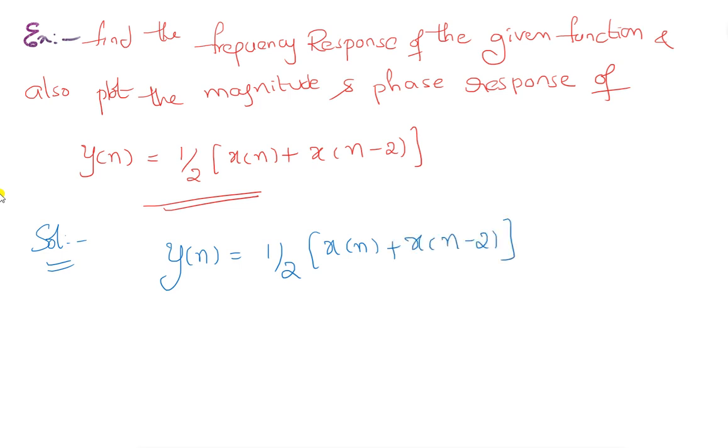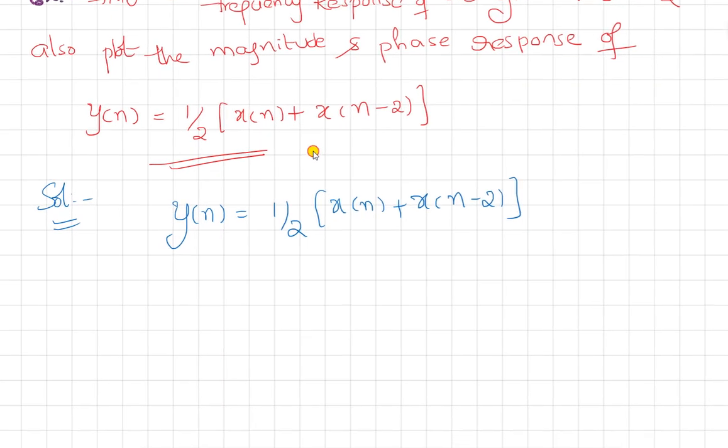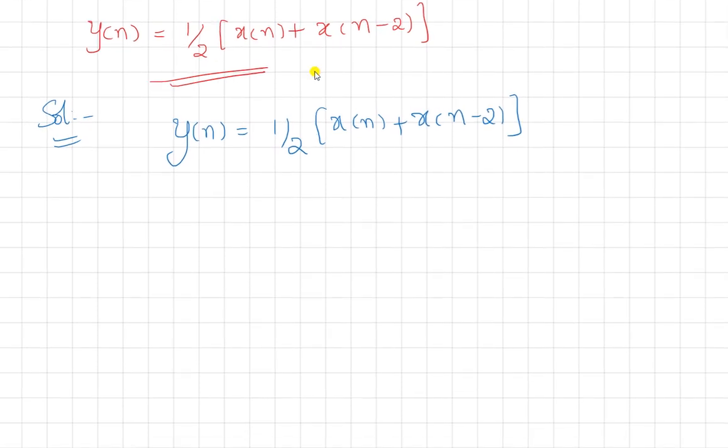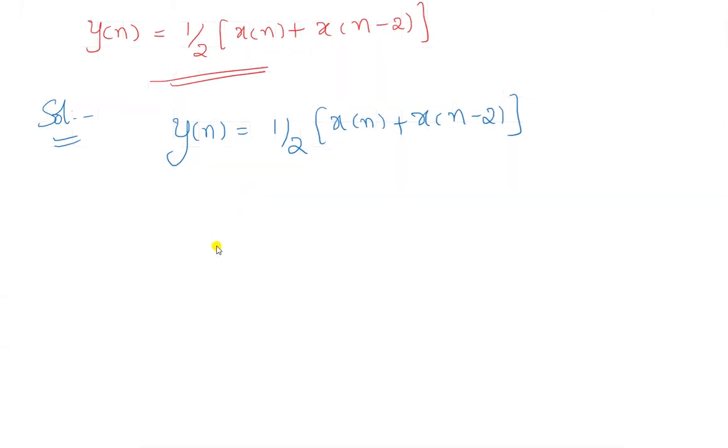In order to determine the frequency response, before that we should know about the discrete time Fourier transform formula. So I want to give a little bit of discussion about the discrete time Fourier transform. See, this is a note.